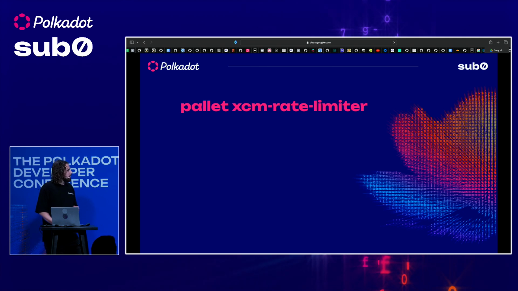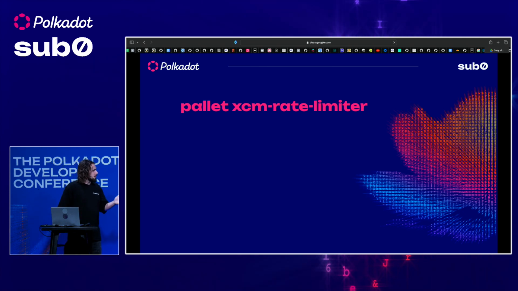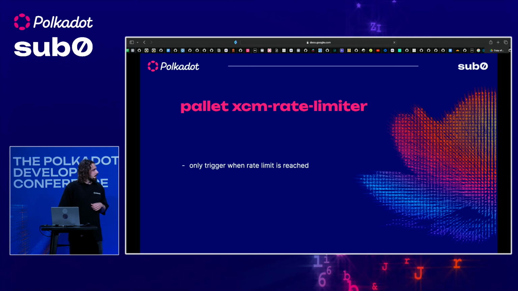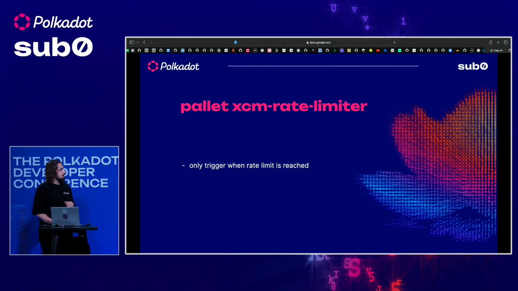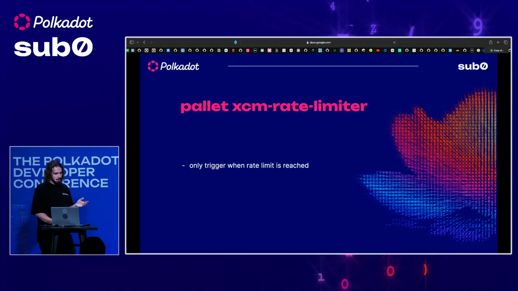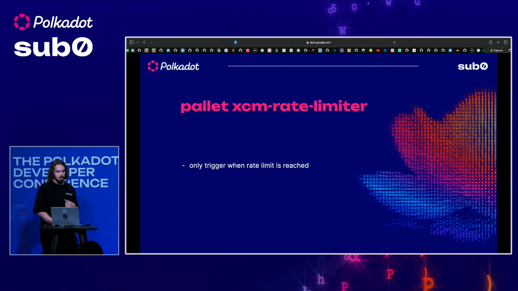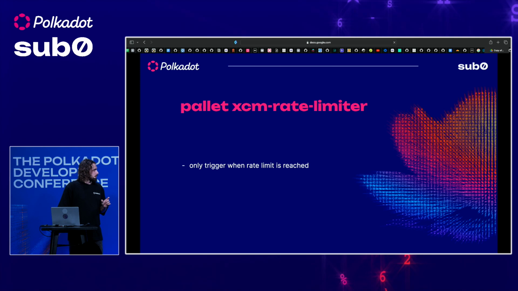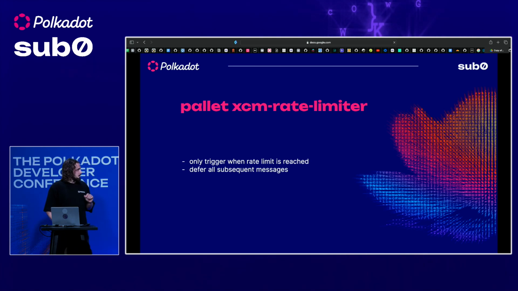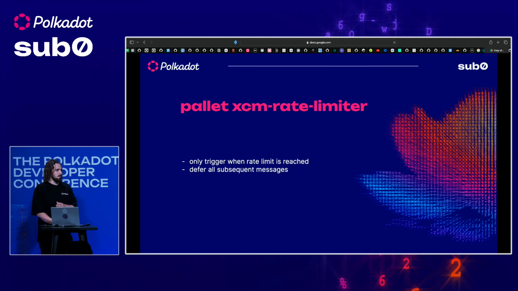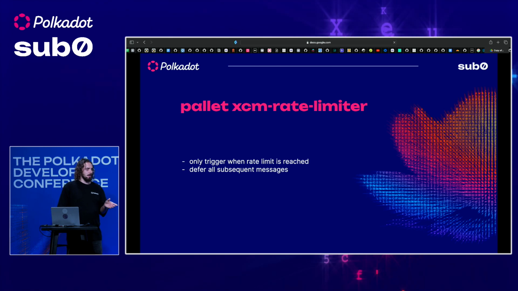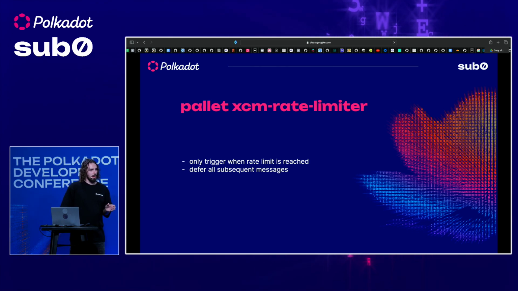So the filter is implemented in pallet XCM rate limiter, and it triggers the deferring action only when the rate limit that we set is reached. It defers all subsequent messages because we cannot say that, okay, this message is small, I won't defer it.